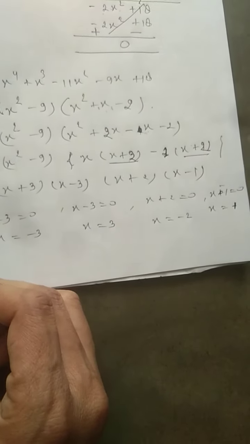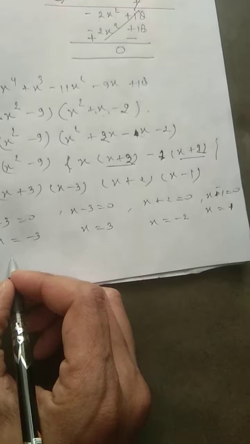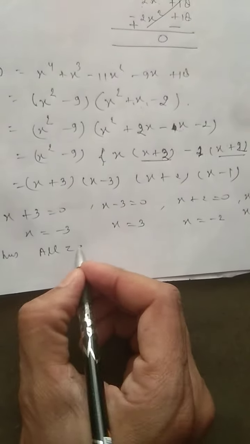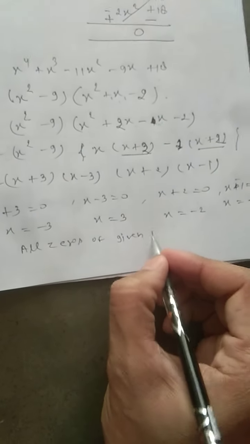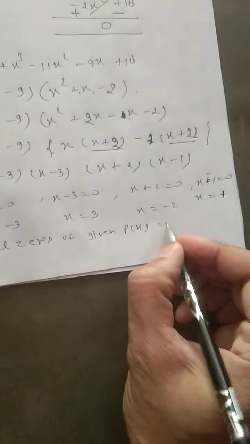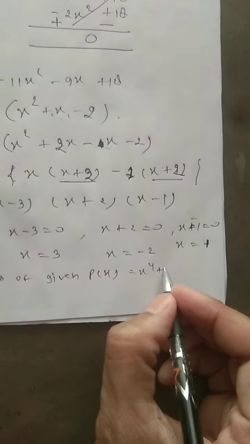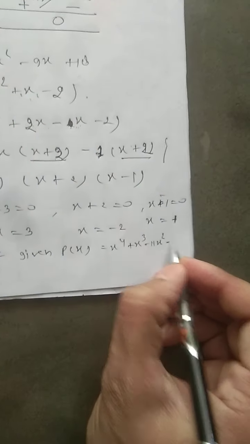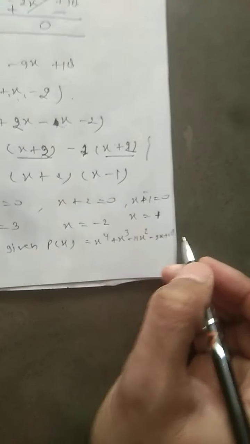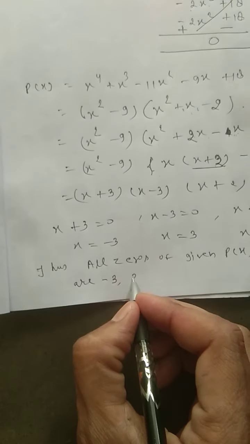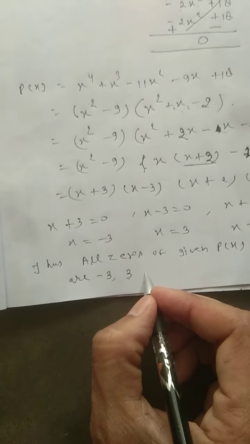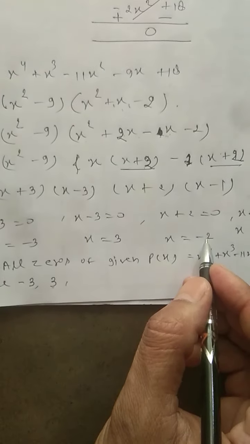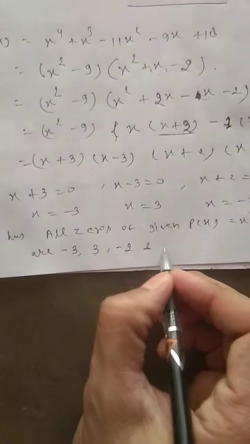Thus all zeros of the given polynomial x power 4 plus x cube minus 11x square minus 9x plus 18 are minus 3, 3, minus 2 and 1.